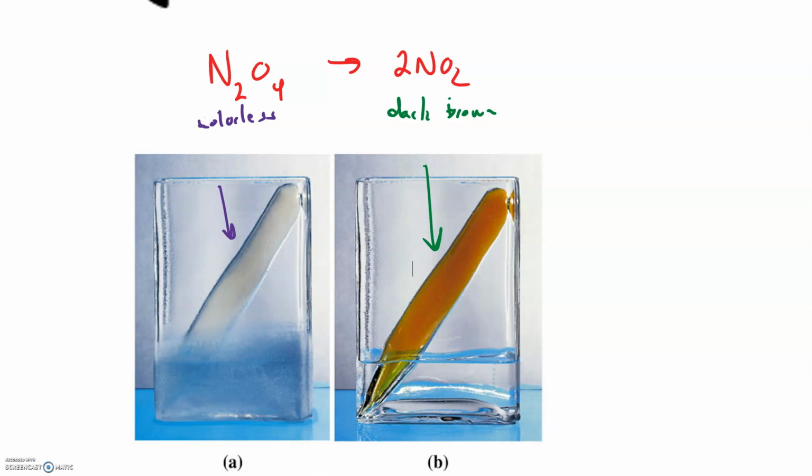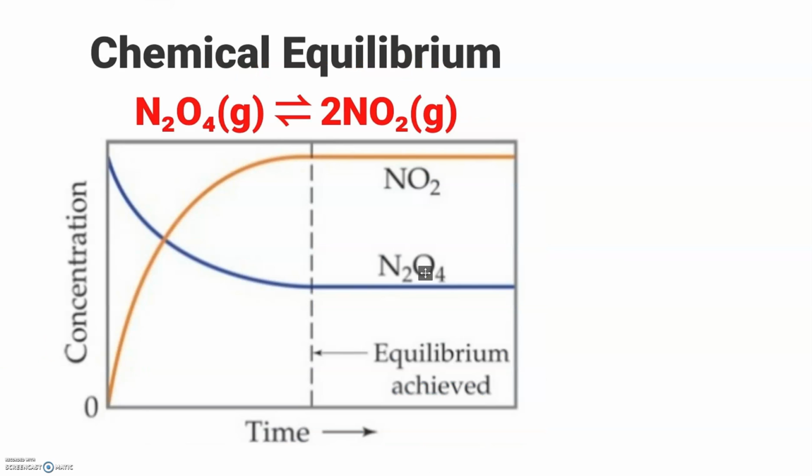So let's take a look at a little chart of what's going on here. What we're looking at here is a graph. We've got concentration on the y-axis and time on the x-axis. This NO2 is represented by this orange line here, starting here, and our N2O4 is this blue line that is starting here. And check out what's going on. When the reaction begins at time 0, the concentration of NO2 is 0.